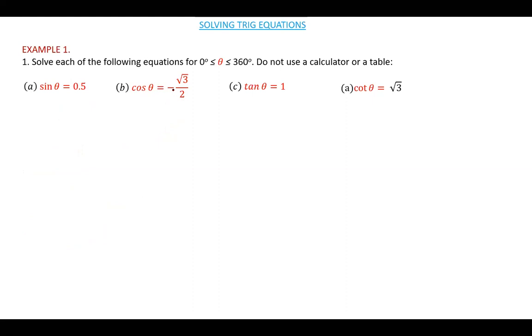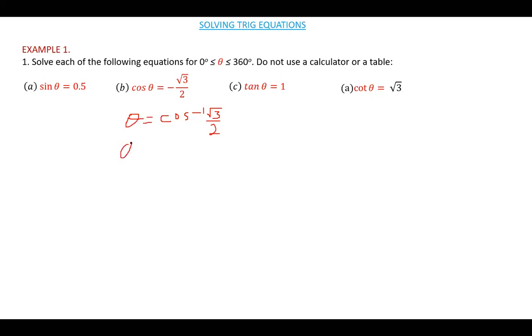Same applies to the second question here. Cos theta is equal to negative root 3 over 2. So when you want to find theta, you just say cos inverse of root 3 over 2. You first have to ignore the negative.